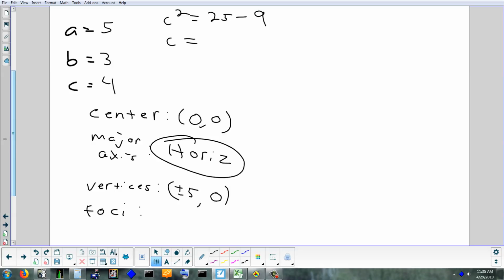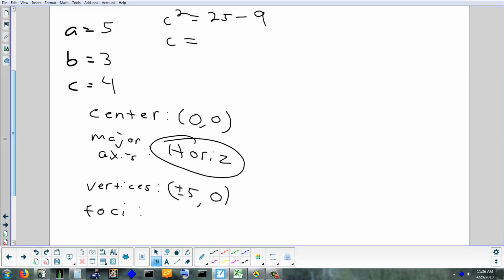Now what letter tells me something about the foci? C. C tells me the foci are 4 units away. 4 units above and below, or 4 units left and right? Left and right. Horizontal. See, that's why you need to know the major axis. So I'm at the origin.